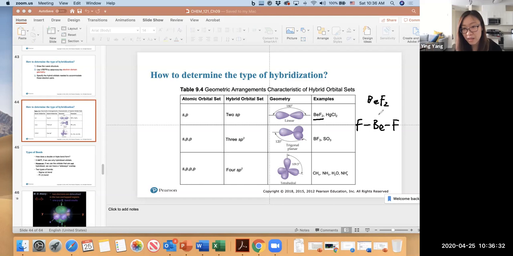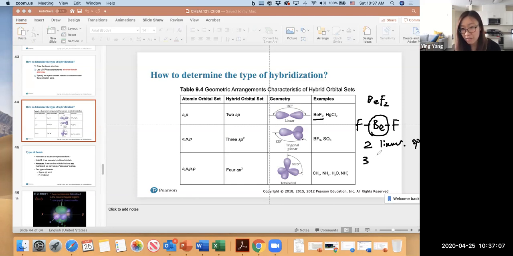Then you determine the electron domain geometry for the central atom. If the electron domain geometry is linear, meaning that it only has two electron domains, then it is an sp hybridization. So you have sp hybridized orbitals forming bonds with the two fluorine atoms.